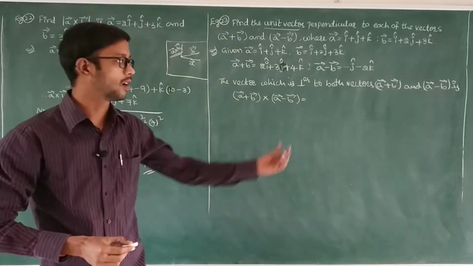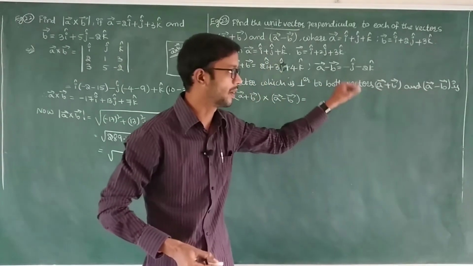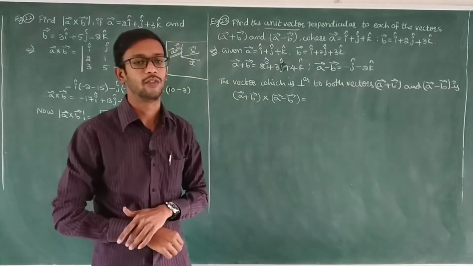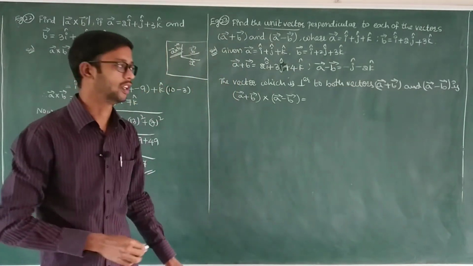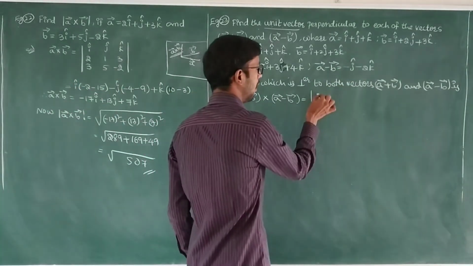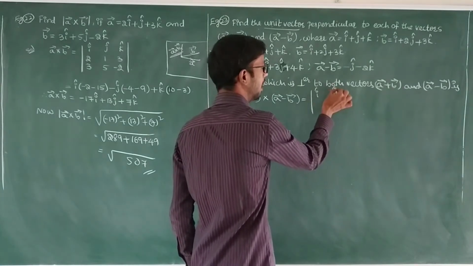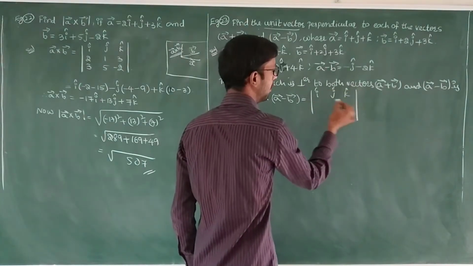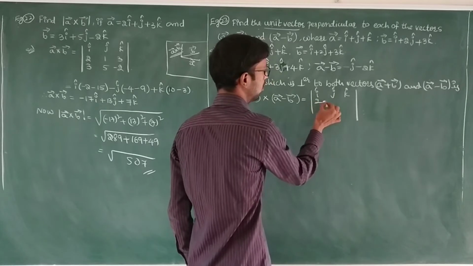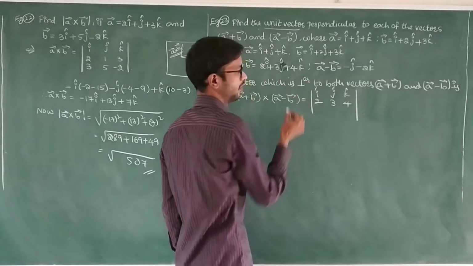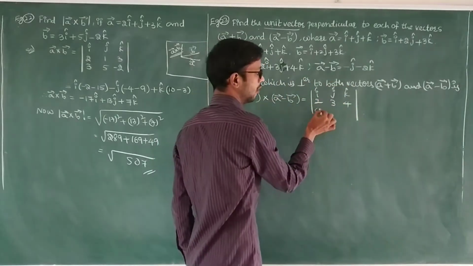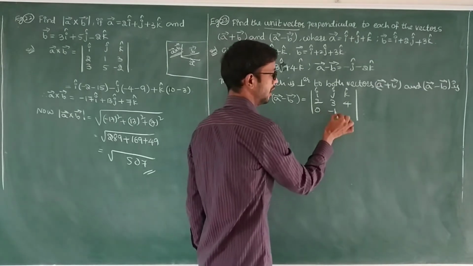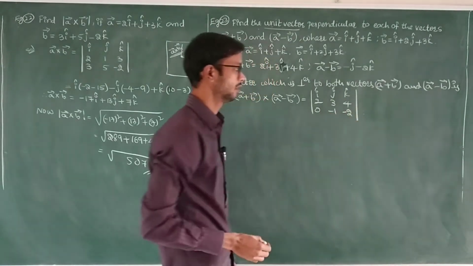The cross product of two vectors is a perpendicular vector to both vectors. By this concept only we are doing it here. So now i cap, j cap, k cap, with coefficients 2, 3, 4. Here i is 0, j is minus 1, k is minus 2.